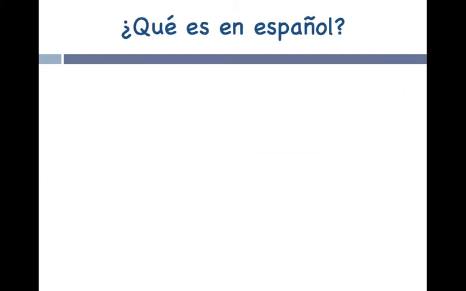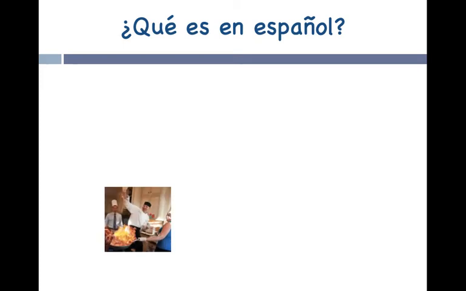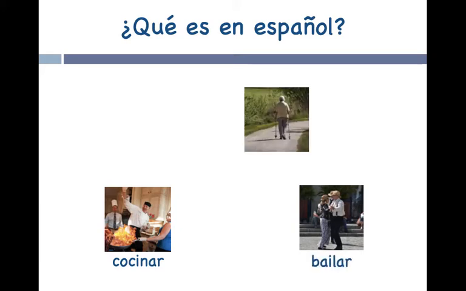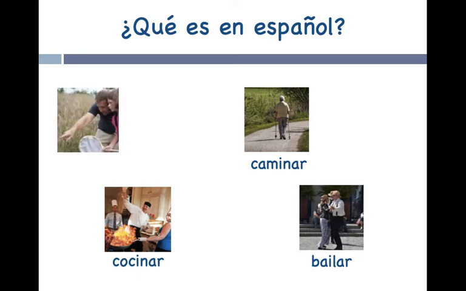Now, how are you doing coming up with them in español? ¿Cómo se dice to cook? Repita. Cocinar. To dance. Repita. Bailar. To walk. Repita. Caminar. To look for.